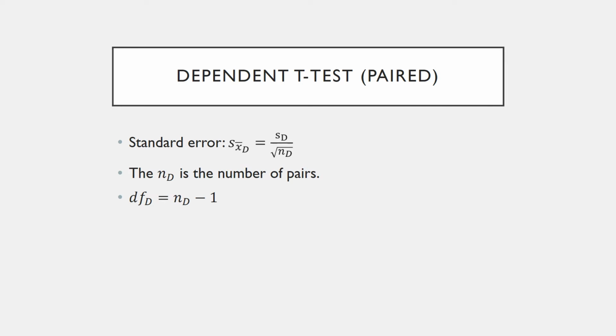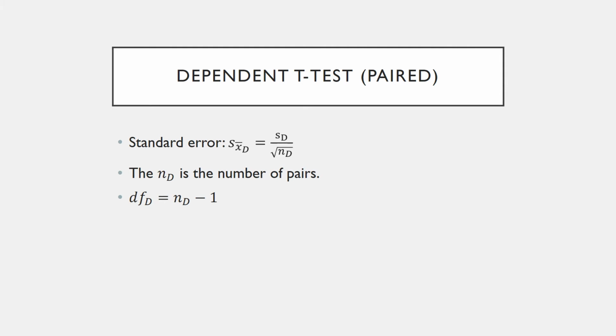The top is just for the difference scores, so how much do the individual difference scores vary from each other. But the whole thing, the standard error, is how much you expect the mean of the difference scores to vary from sample to sample.